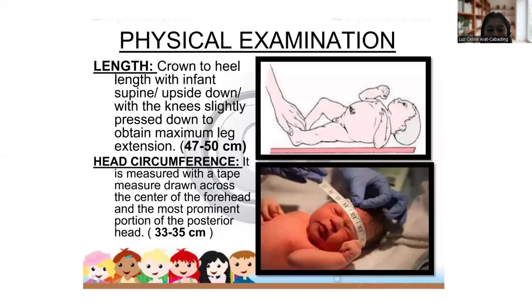We also measure the head circumference. You see it here on the slide, how it is measured. It is drawn across the center of the forehead to the most prominent portion of the posterior part of the head. So we have to locate which one is really protruding in the back portion of the head. That's where our tape measure should land.